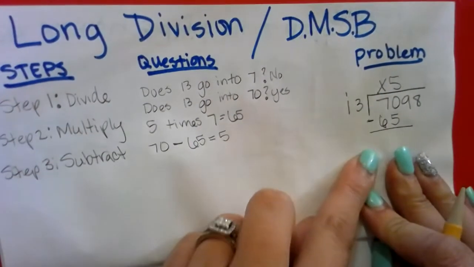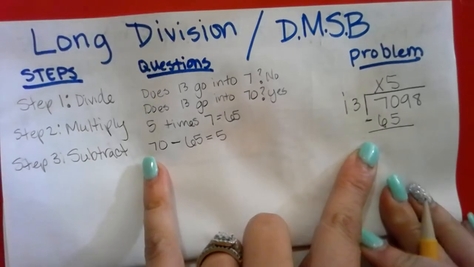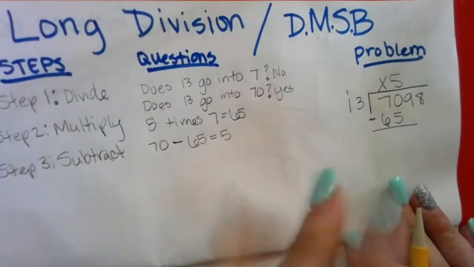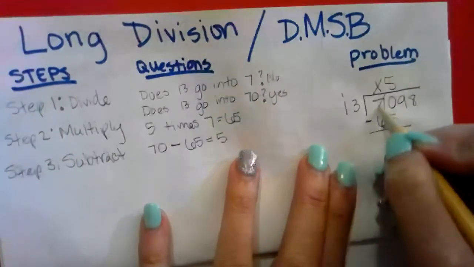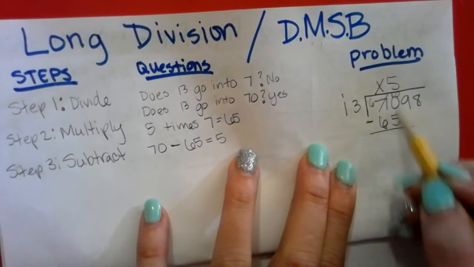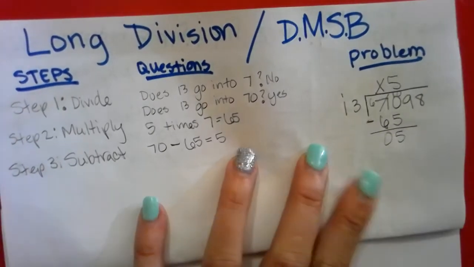So if I have $70 and I spend 65, I have 5 left. I could count up 65, 66, 67, 68, 69, 70, or I could borrow. This becomes a 6. This brings over 10 of them. So 10 minus 5 is 5, and 6 minus 6 is 0.